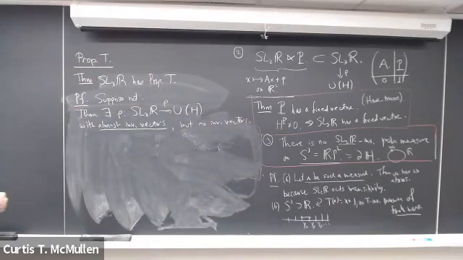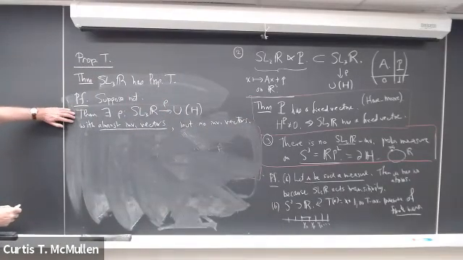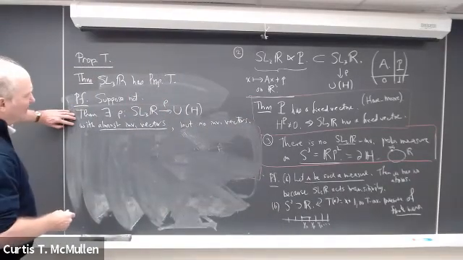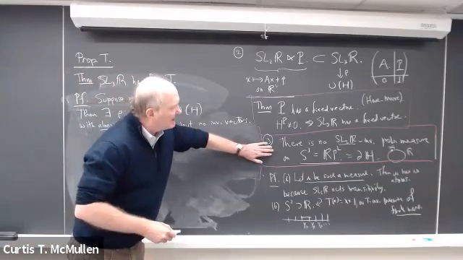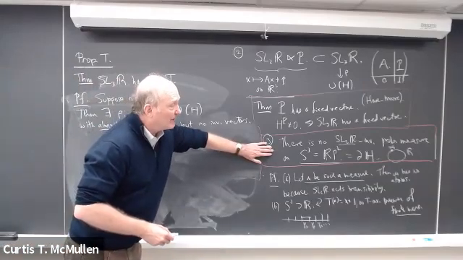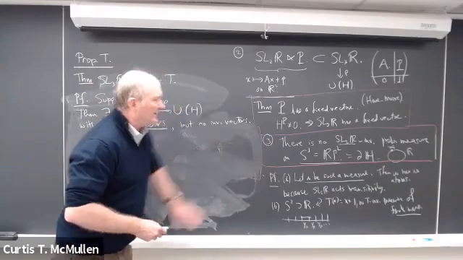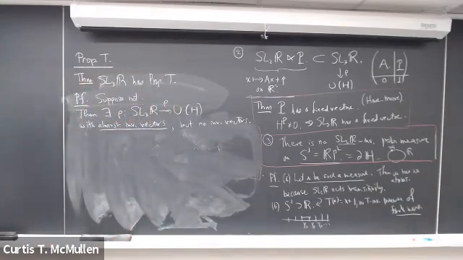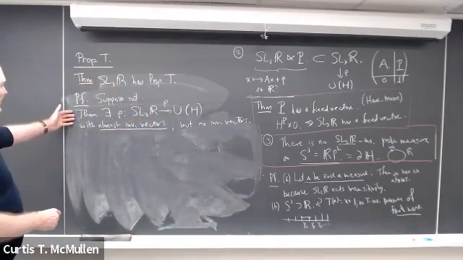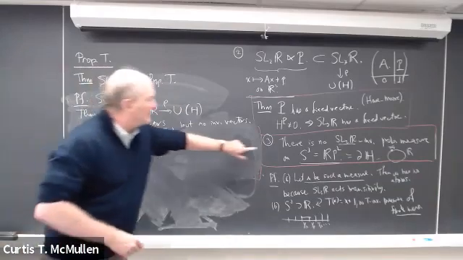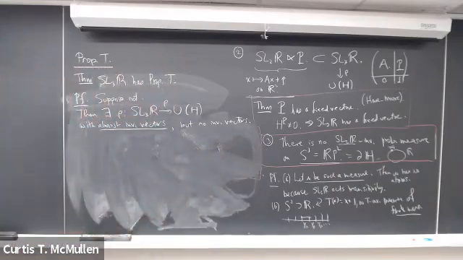Okay. And what we're going to do is show that if this happened, we could use it to construct an SL2R invariant measure on the circle, which we know doesn't exist. So that's going to be the contradiction. So all we have to do is get from the existence of this representation to the existence of such a measure. So here we go.